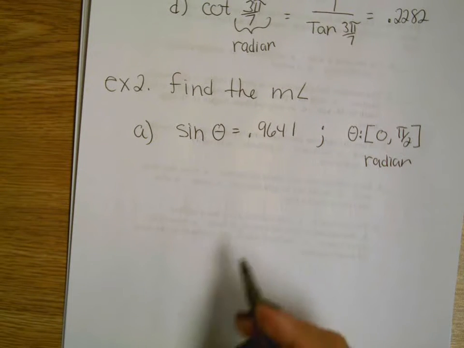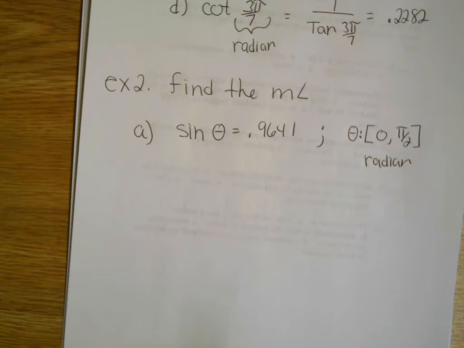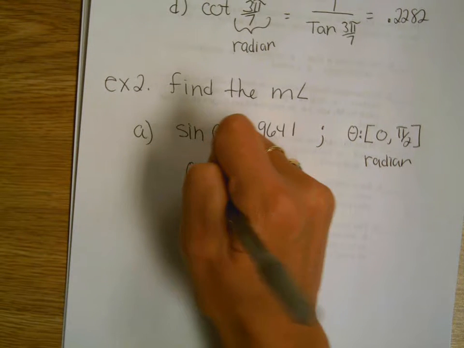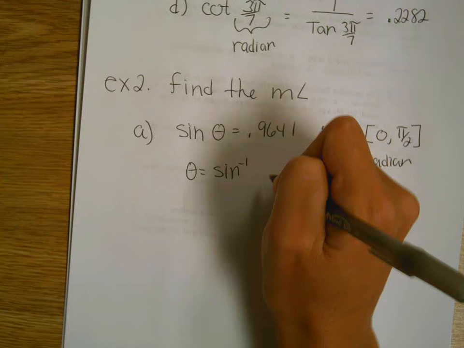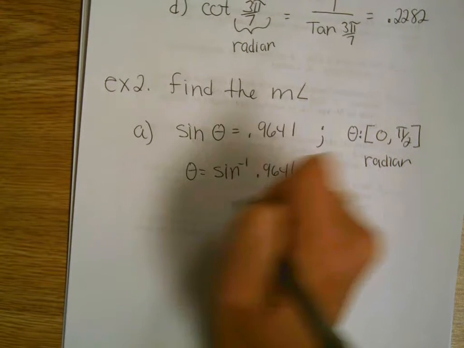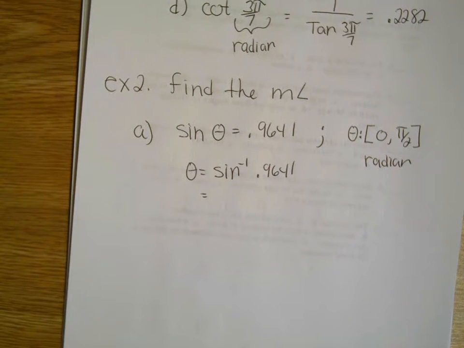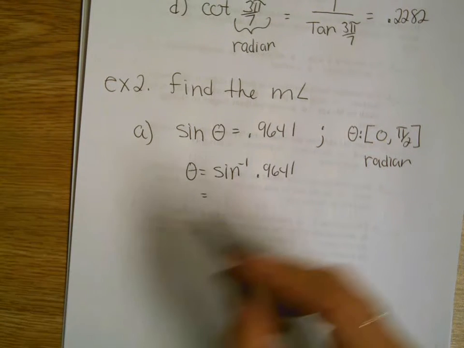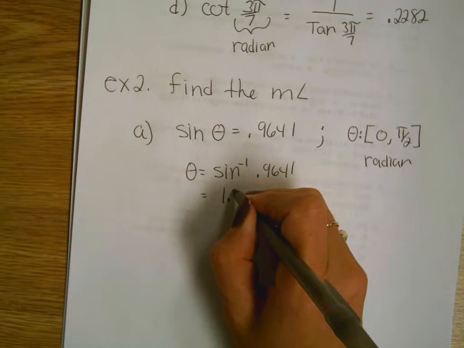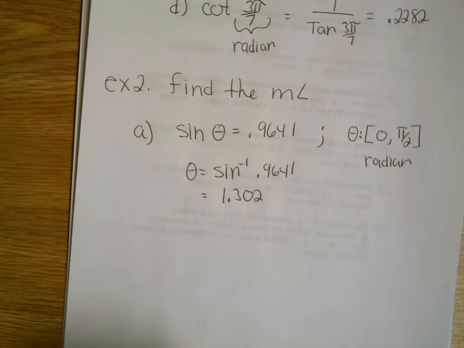Because if you do inverse sine and you're in radian mode, it's going to give you a radian answer. If you're in degree mode and you do inverse sine, it's going to give you a degree answer. So if you're in radian mode and you do inverse sine of 0.9641, what is your radian answer? 1.302. Good.